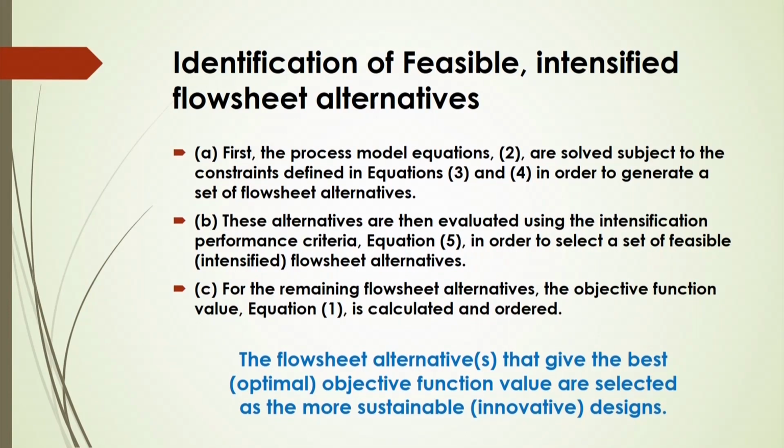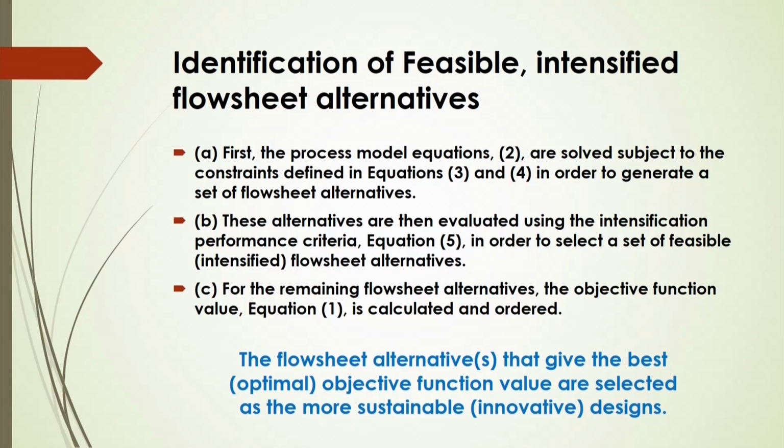Now, for the remaining flow sheet alternatives, the objective function value, equation 1, is calculated and ordered. In that case you have to remember that the flow sheet alternatives that give the best optimal objective function value are selected as the more sustainable design. So, to identify the feasible and intensified flow sheet alternatives, you have to consider the model equations given in equation number 2, and they should be solved subject to the constraints given in equations 3 and 4.